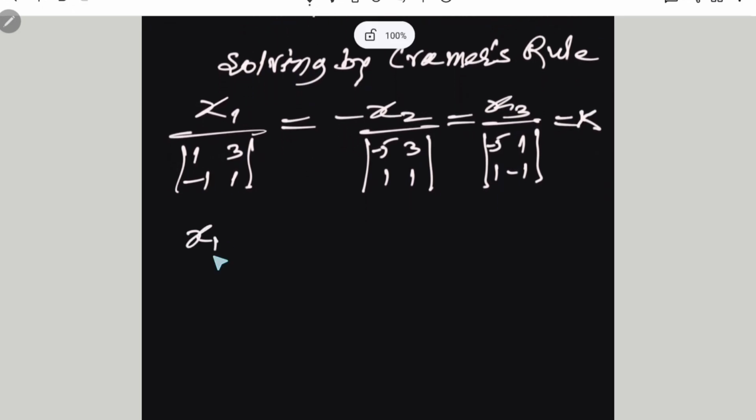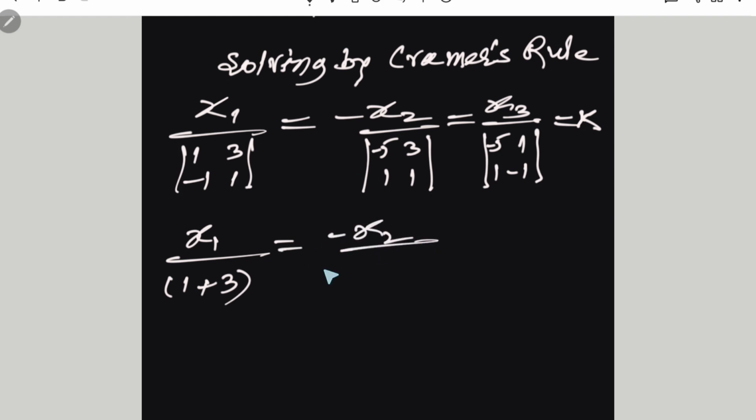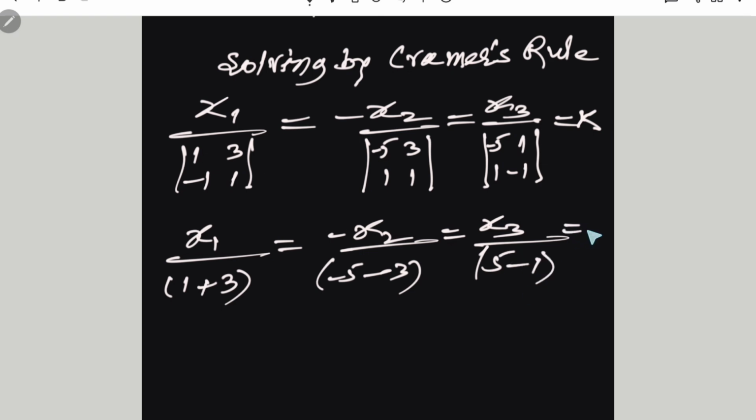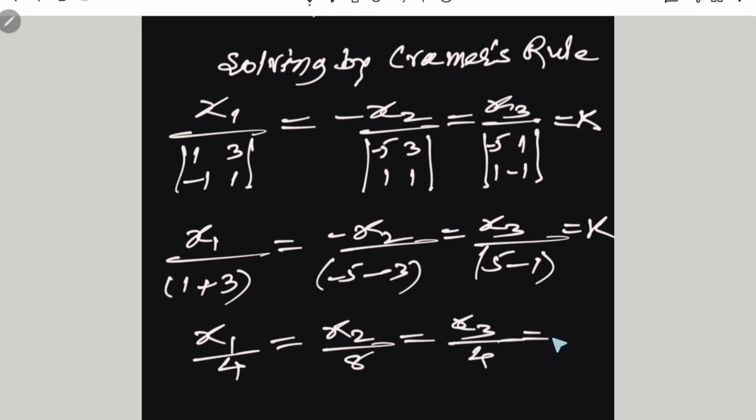And then solving it, it is 1 minus minus 3, that is 4; minus x2 upon minus 5 minus 3, which is minus 8; x3 upon plus 5 minus 1, which is 4, equals k. X1 by 4, minus x2 upon minus 8, minus minus becomes plus, therefore x2 upon 8, x3 upon 4 equals k.